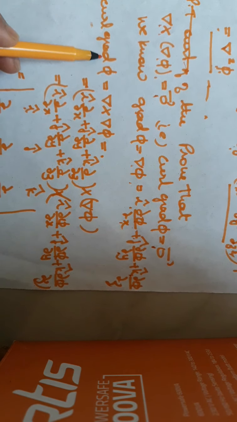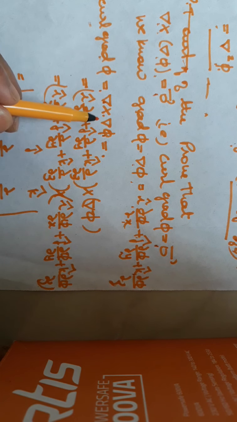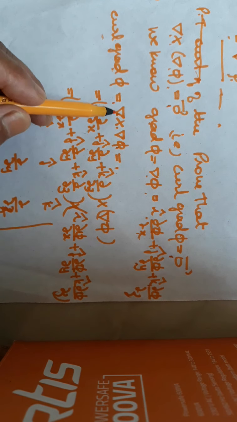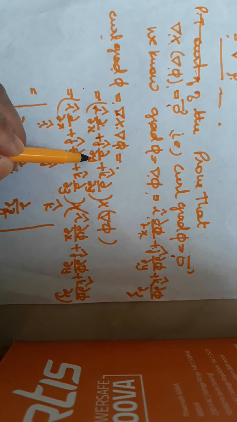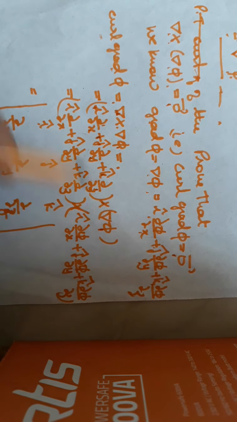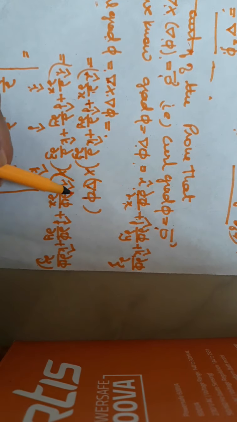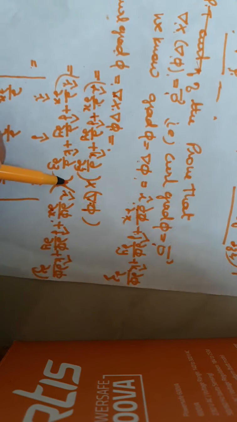So the curl of the gradient of phi is del cross del phi, and using the determinant rule, del here stands for i del/del x plus j del/del y plus k del/del z, cross del phi, replacing del phi by its value. Since there is a cross, you use the determinant rule.